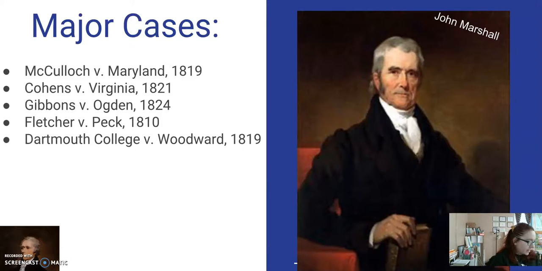Gibbons v. Ogden of 1824, Congress is the only entity that can regulate interstate commerce. So that's I-N-T-E-R, in between state commerce. The case with Gibbons v. Ogden had to do with the state of New York setting up a monopoly with steamships to move cargo back and forth from other states, and that's not okay.